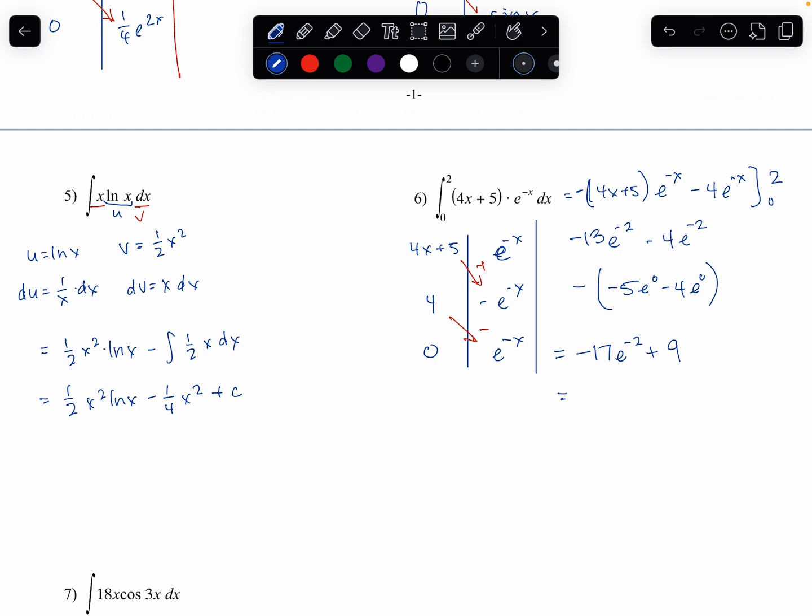Let me go ahead and put this in my calculator. So negative 17 e to the negative 2 plus 9. So that's equal to 6.6999300.